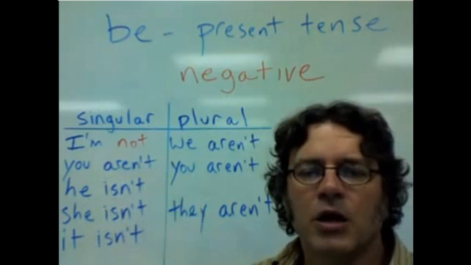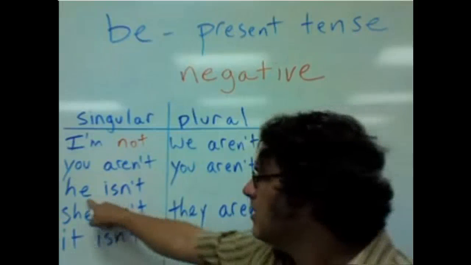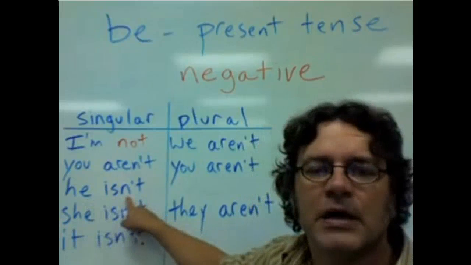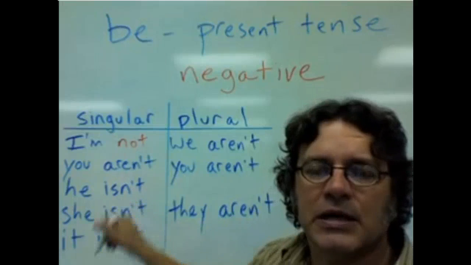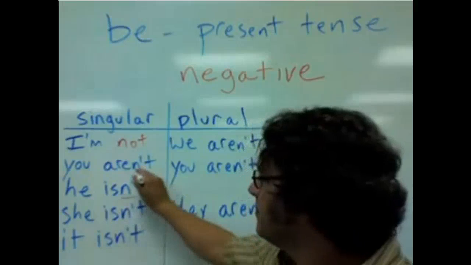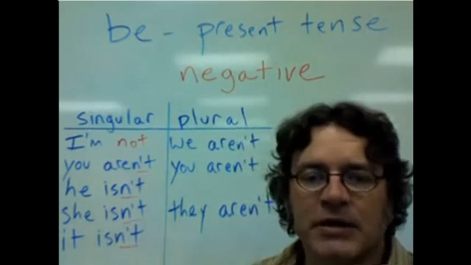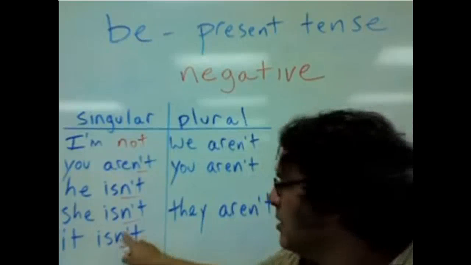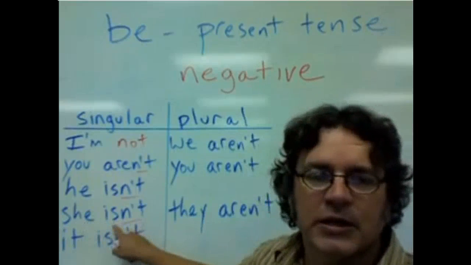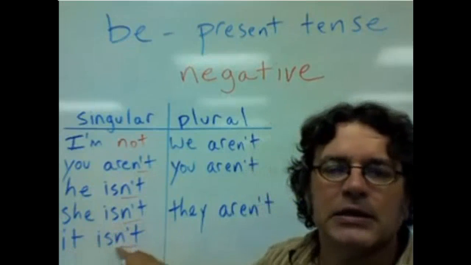He isn't. Here's the negative. The N apostrophe T represents the negative. She isn't. It isn't.